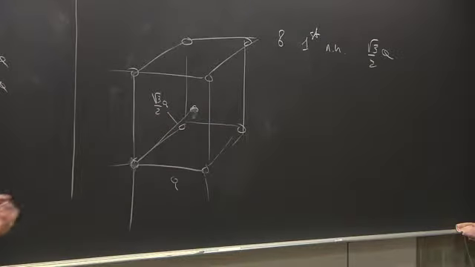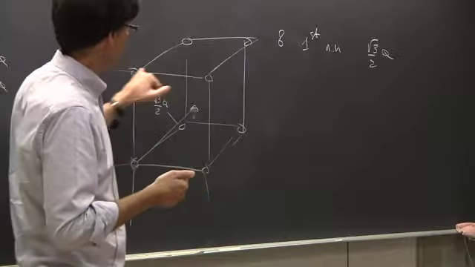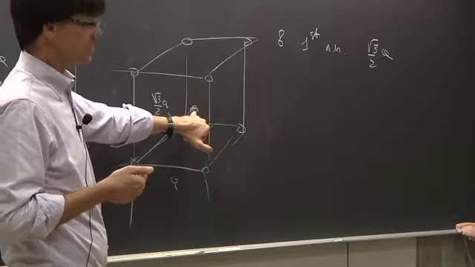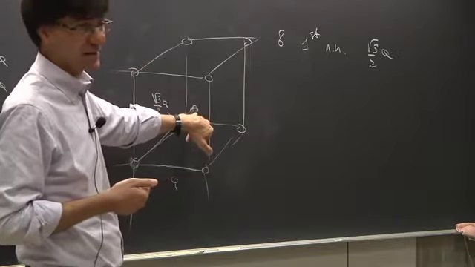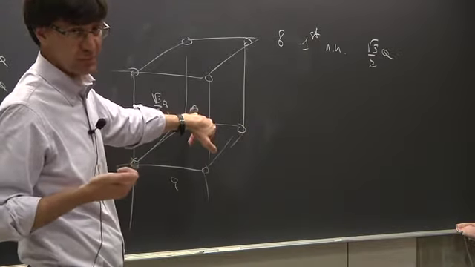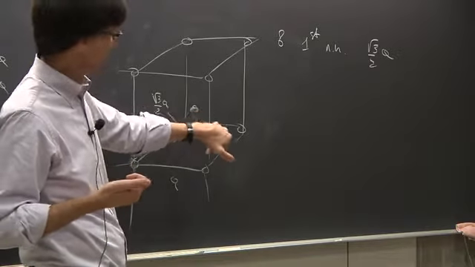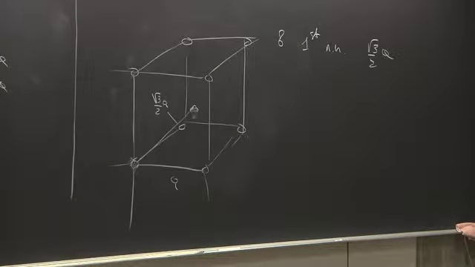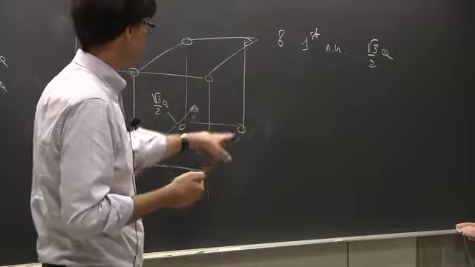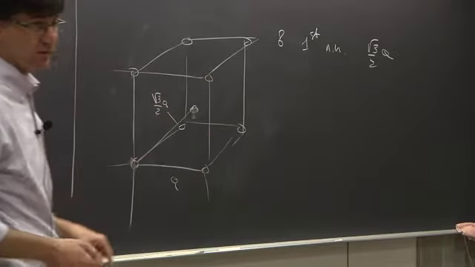Another way to say this is that BCC can be seen as 2 simple cubic lattices that are interpenetrating, right? So you have one simple cubic lattice, and you have another one which starts from here and is formed by all the points that are at the centers of the cubes. They also form a simple cubic lattice, right? So whether I sit here or I sit here, I see around myself exactly the same environment. I see 8 points, and these are the 8 points that lie at the corners of this cube, if I sit at the center, of course.